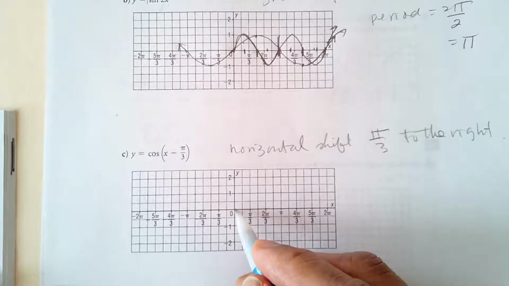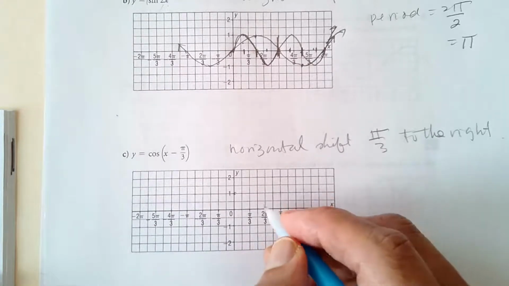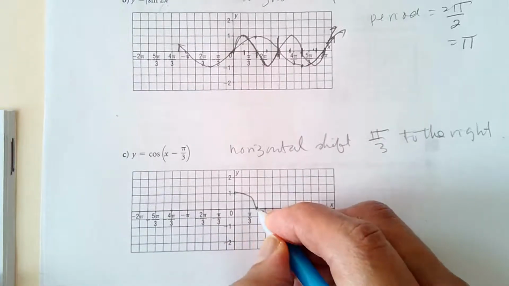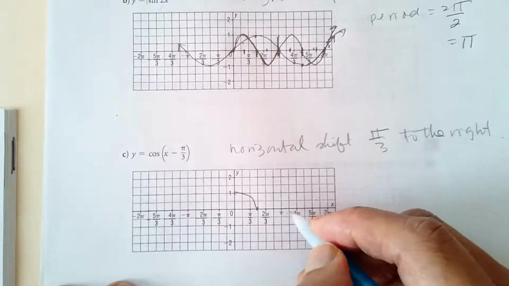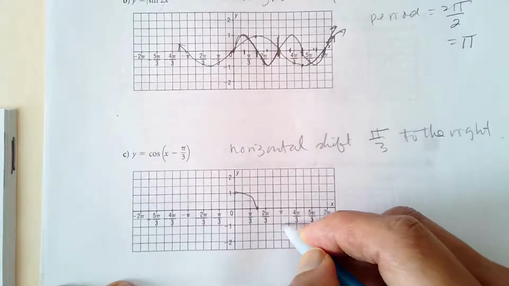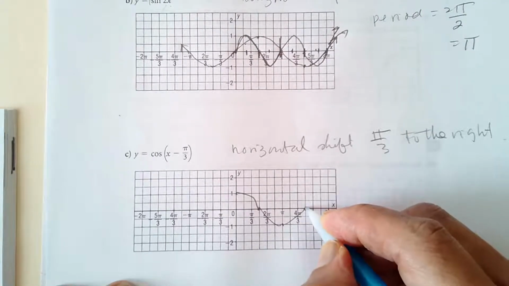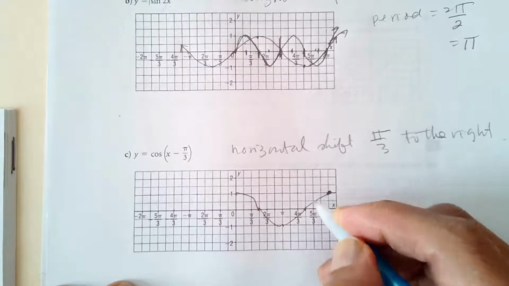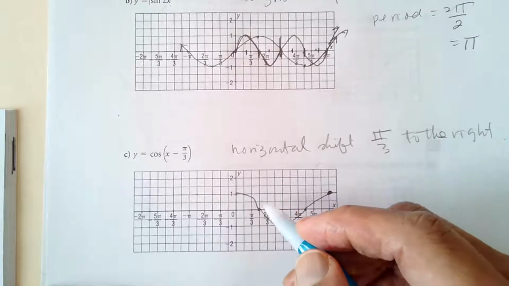So here's what our cos graph would look like. Here we go. That's our cos graph, but now you're shifting pi over 3 units.